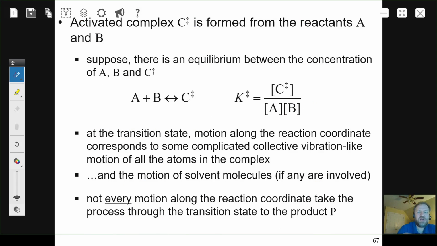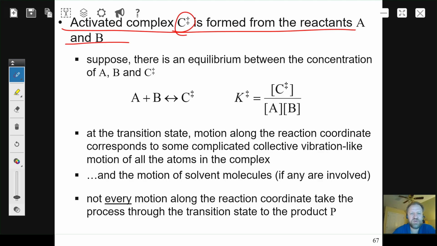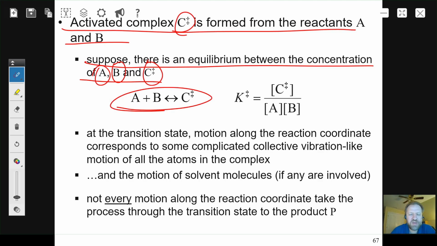All right, so let's denote our activated complex as C, and activated complex is formed from the reactants A and B, as we just saw a second ago. And suppose there is an equilibrium between the concentration of reactant species A and B and activated complex C. So we have chemical reaction and we have equilibrium, so we can immediately write out the expression for equilibrium constant.